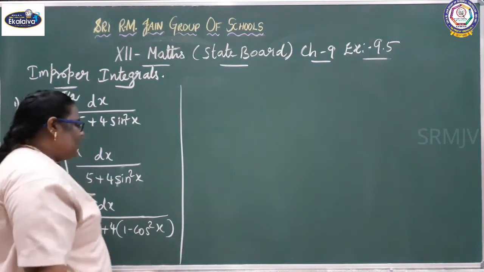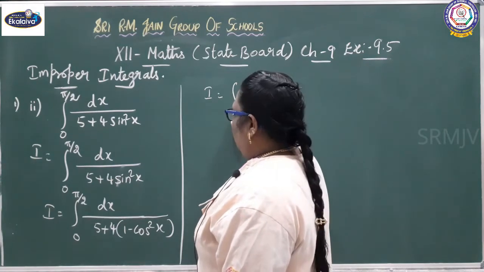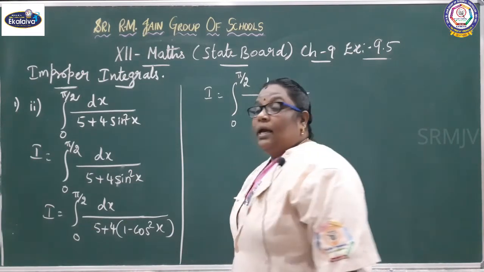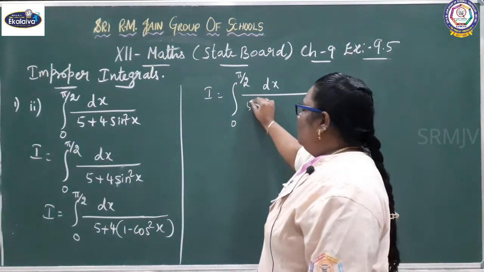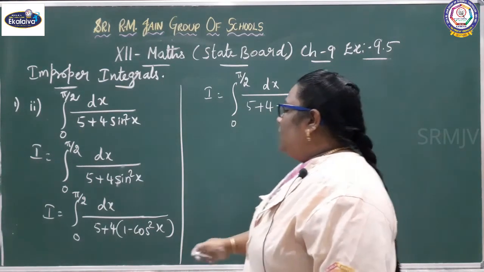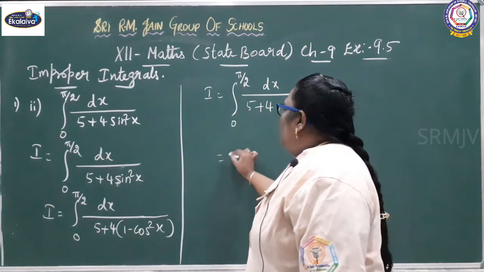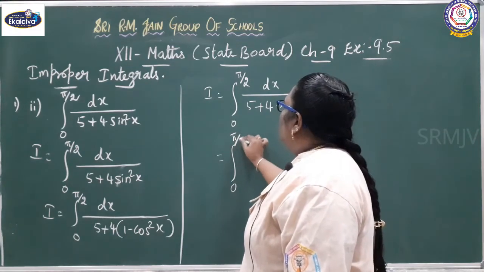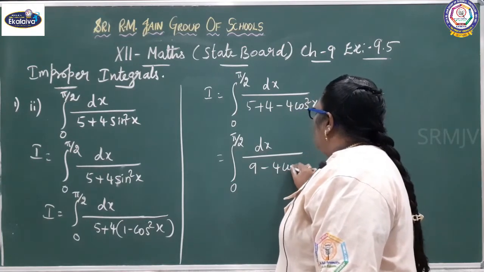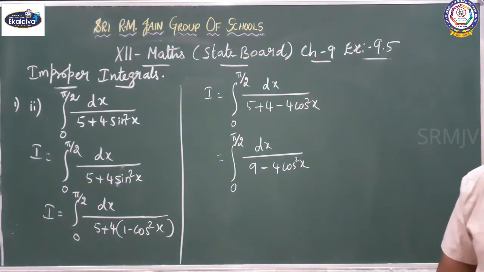See here, I equal to integral 0 to pi by 2 dx by 5 plus 4 minus 4 cos square x, which is integral 0 to pi by 2 dx by 9 minus 4 cos square x.